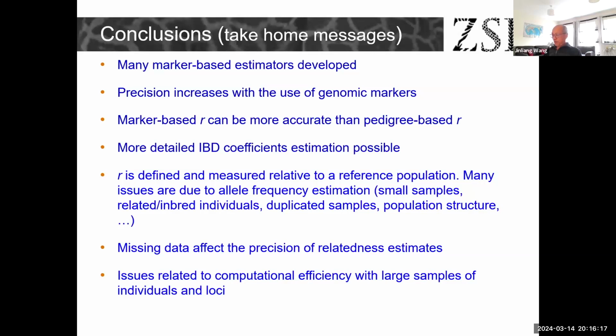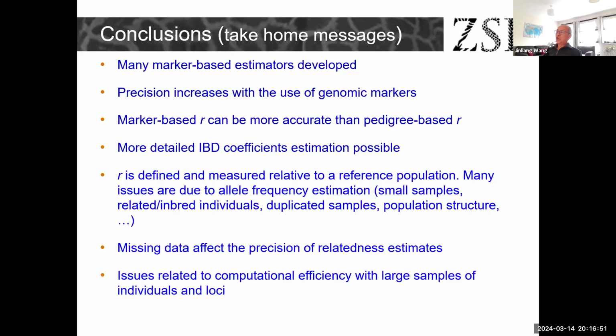And many of the issues with relatedness estimators are actually due to allele frequency estimation. Although we assume allele frequencies are available without errors in the estimation, they are actually not. We have to estimate allele frequencies from the single sample of individuals from which we are estimating relatedness. So there is circularity there.